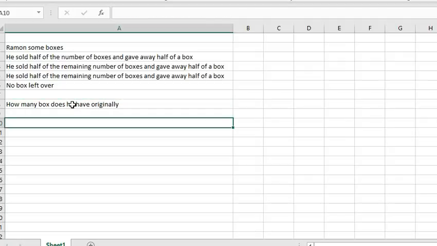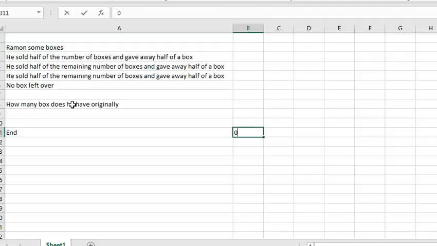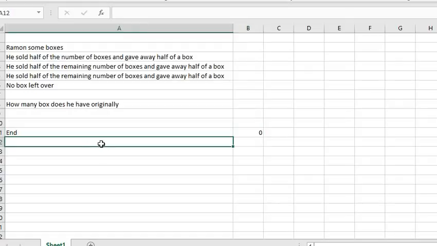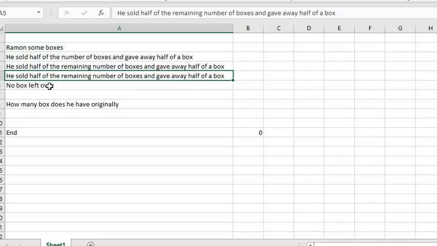Okay, so let's again work backwards. At the end, he has no box, right? 0 here. Next, let's trace our steps. The last thing that happened before he has no box left over is he gave away half a box.